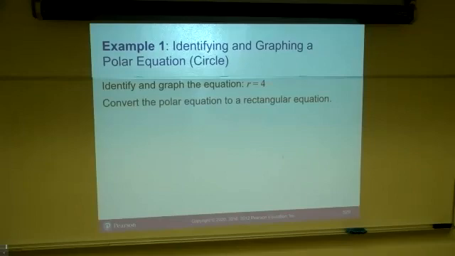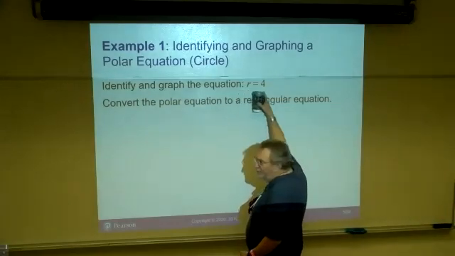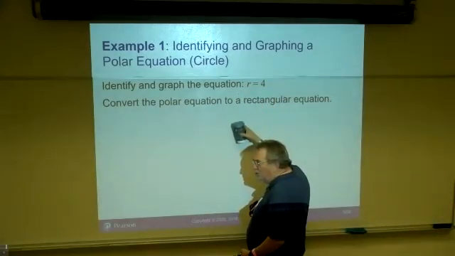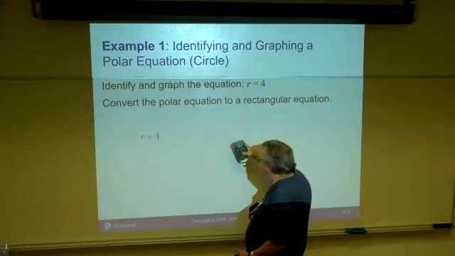Here they want to convert the polar equation to a rectangular equation. So they're going to square both sides, so they get r squared here, and then they square the 4. So r squared equals 16, but r squared is x squared plus y squared.